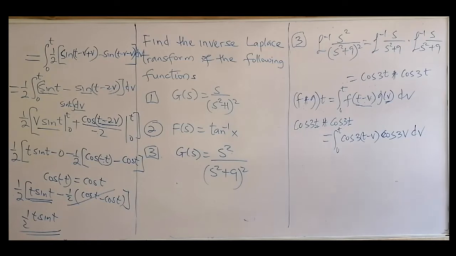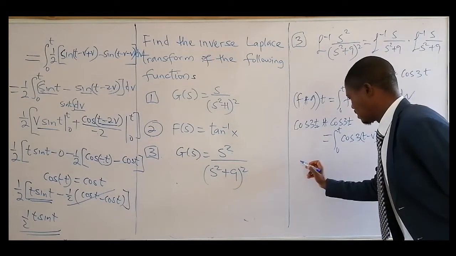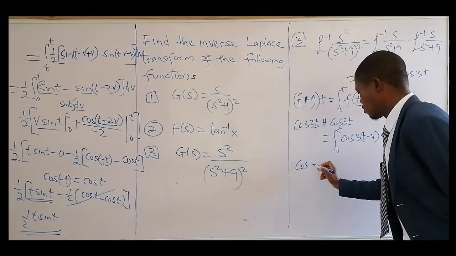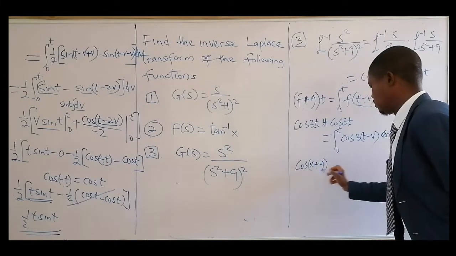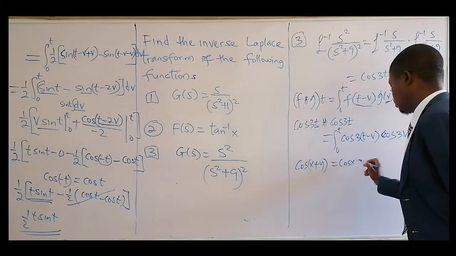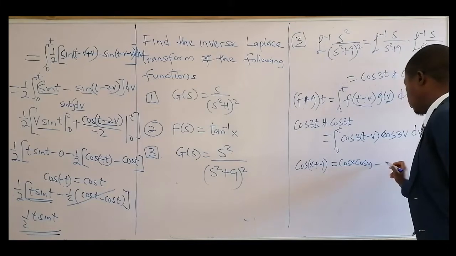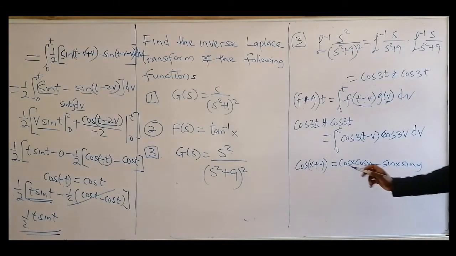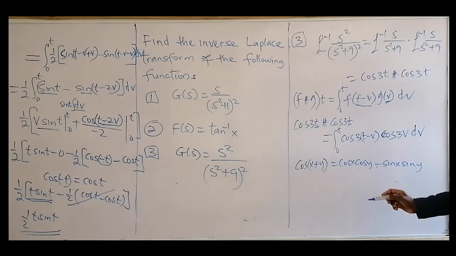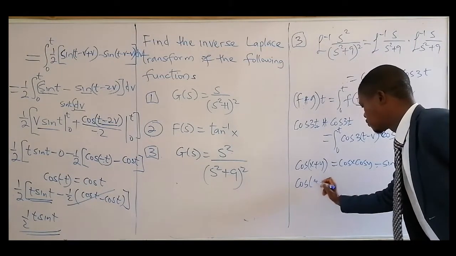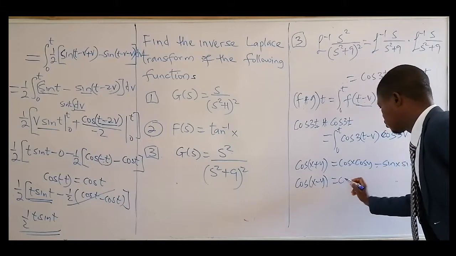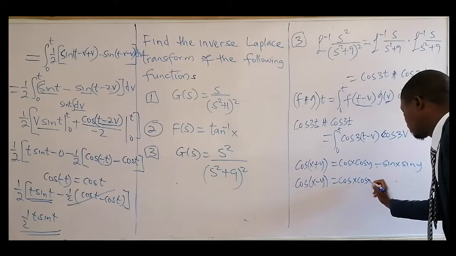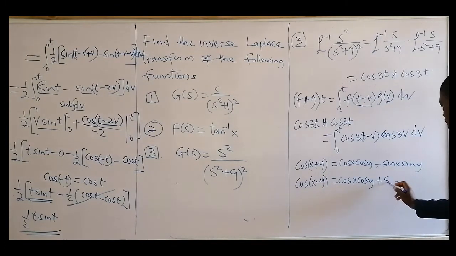Now we use a trig identity: cos of x plus y is equal to cos x cos y minus sine x sine y. The sign here will be reversed for the other one, so cos of x minus y is equal to cos x cos y plus sine x sine y.